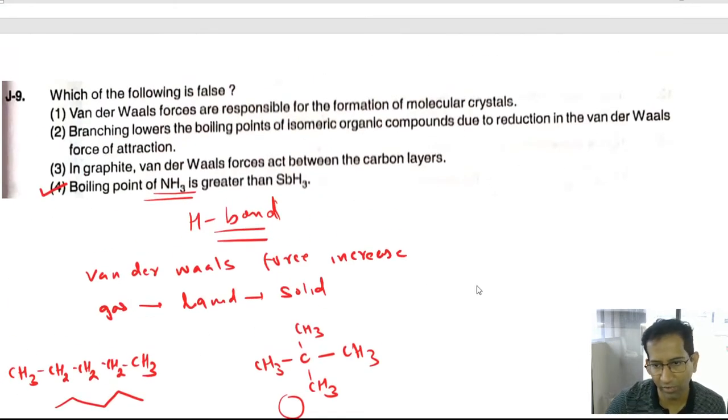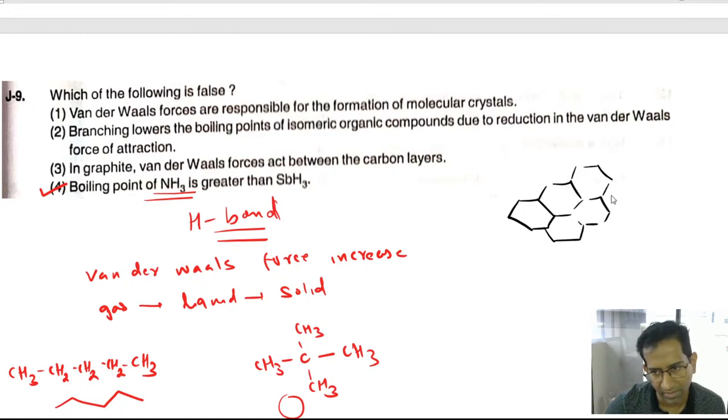And graphite, you must know that graphite exists in layer form. Hexagonal layers are there, such hexagonal layer or sheet-like structure. There are several sheets arrayed over each other.